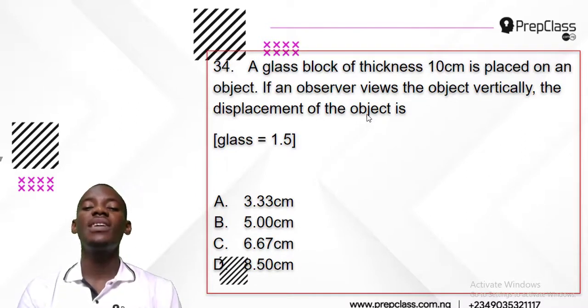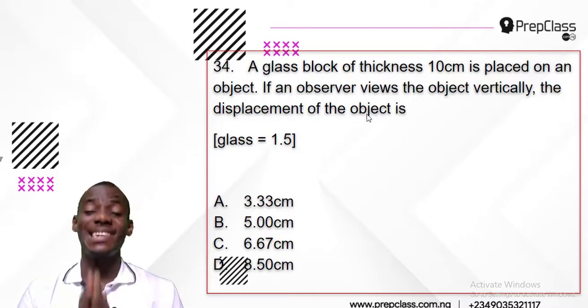Now, number 34 says a glass block of thickness 10 centimeters is placed on an object. If an observer views the object vertically, the displacement of the object is what? The glass index is 1.5. When you hear the word thickness, any mirror question with thickness has only one formula. And please get used to the formula.